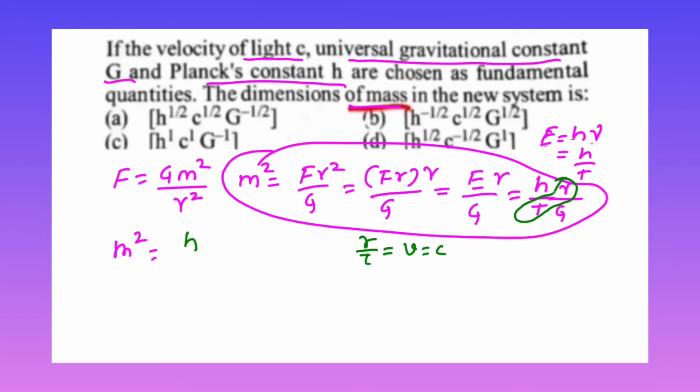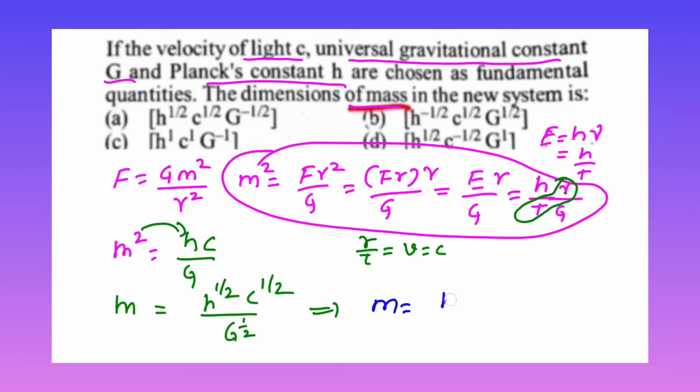So instead of r by t you can write c by G. Therefore m is equal to h power 1 by 2, because if you transfer the square it becomes power 1 by 2, that is square root, c power 1 by 2, divided by G power 1 by 2. So m is equal to h power 1 by 2 c power 1 by 2 G power minus 1 by 2. In this way we can find the dimensional formula for mass.